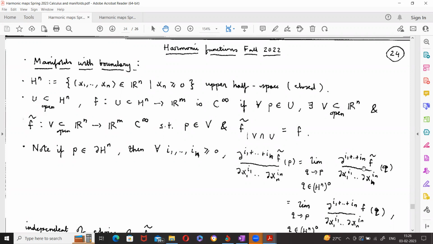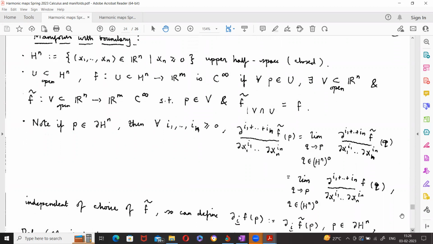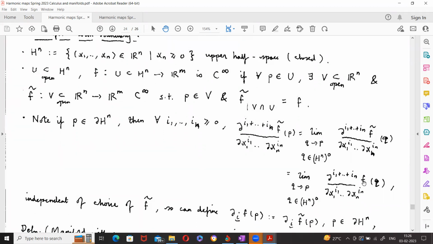But in the interior of the upper half space, F tilde is equal to F. And so this becomes a limit of the derivatives of F approached from points in the upper half space.